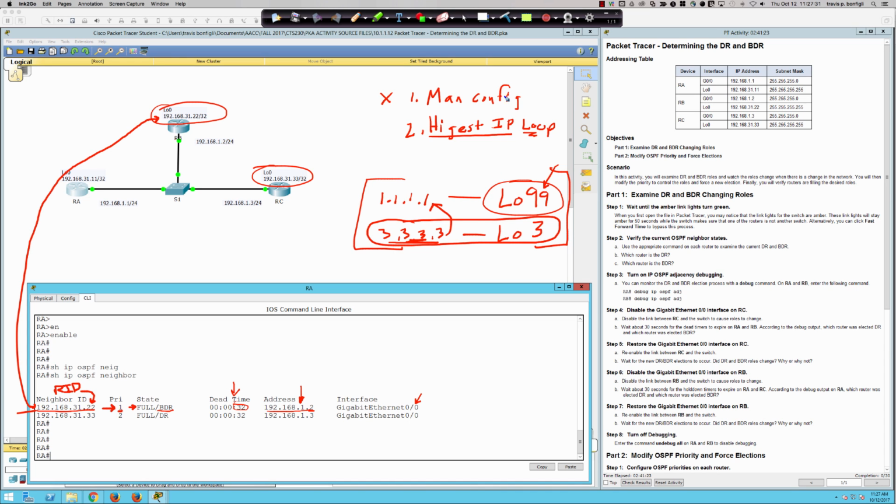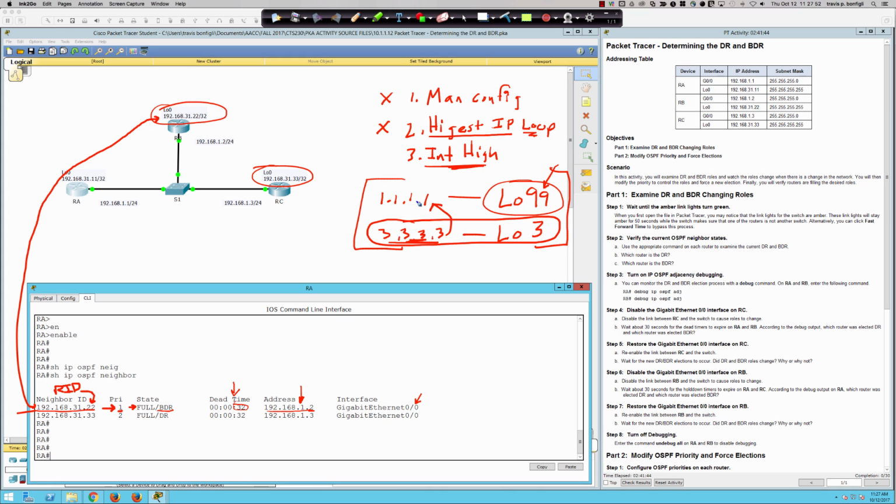So if it's not manually configured with the router ID command under the OSPF global config section, and if there are no loopback addresses, then what happens? Exactly. Then it goes to the interface with the highest IP that is up, right?